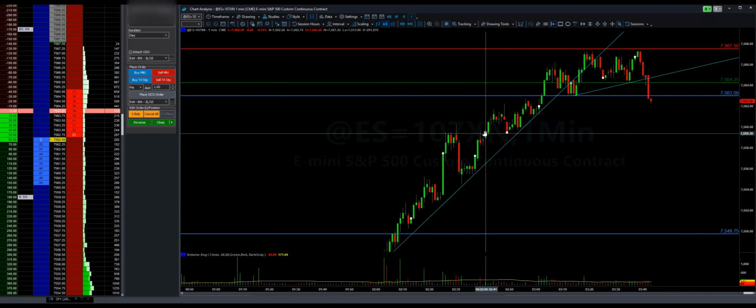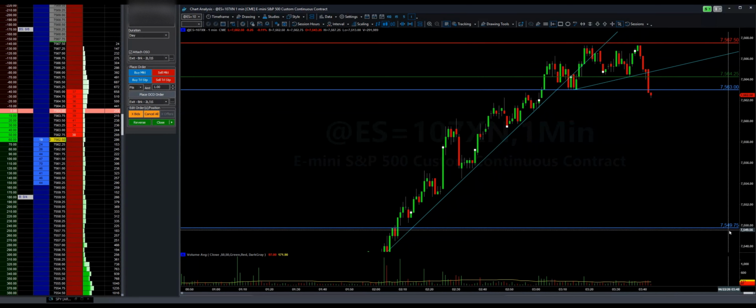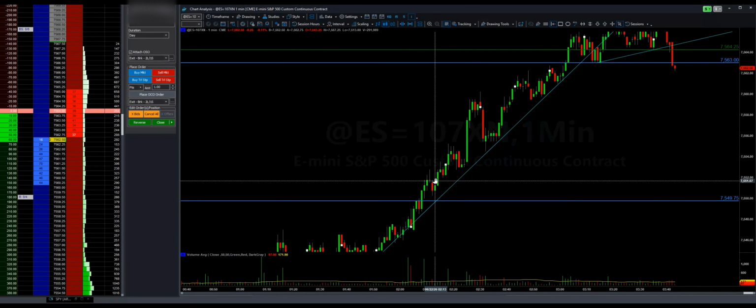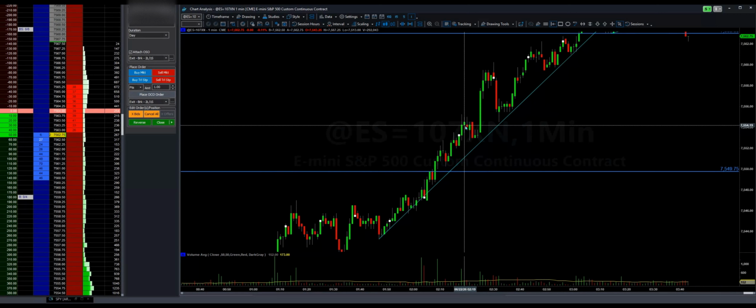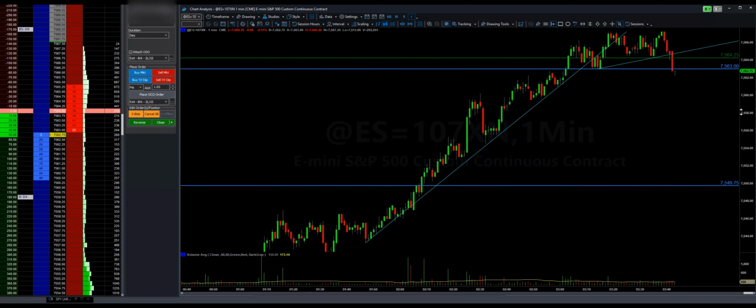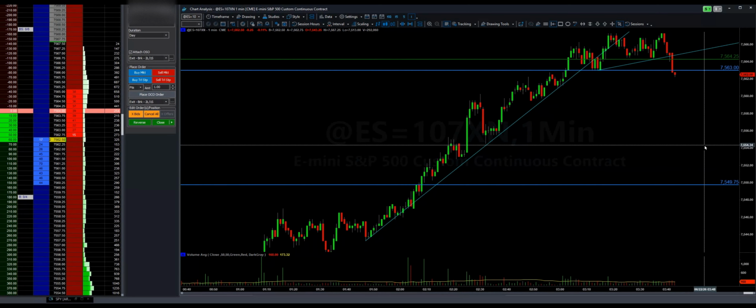And our target is just before this support, and that will offer a 3 to 1 trade for us.